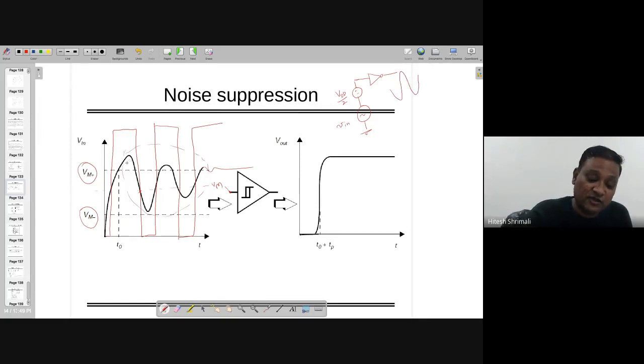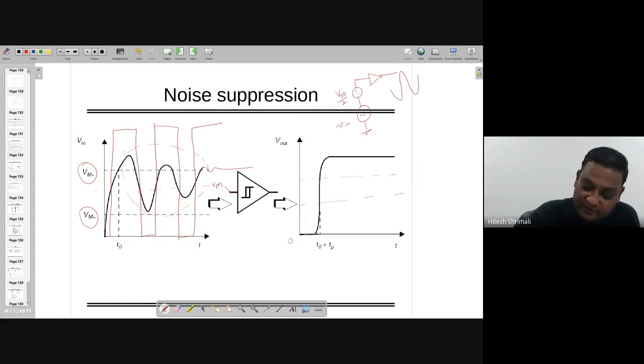So here also a small input can get amplified and act as a large signal. So when I'm using two switching thresholds, the output will look like a flat logic 0 to logic 1, because you have two switching thresholds.